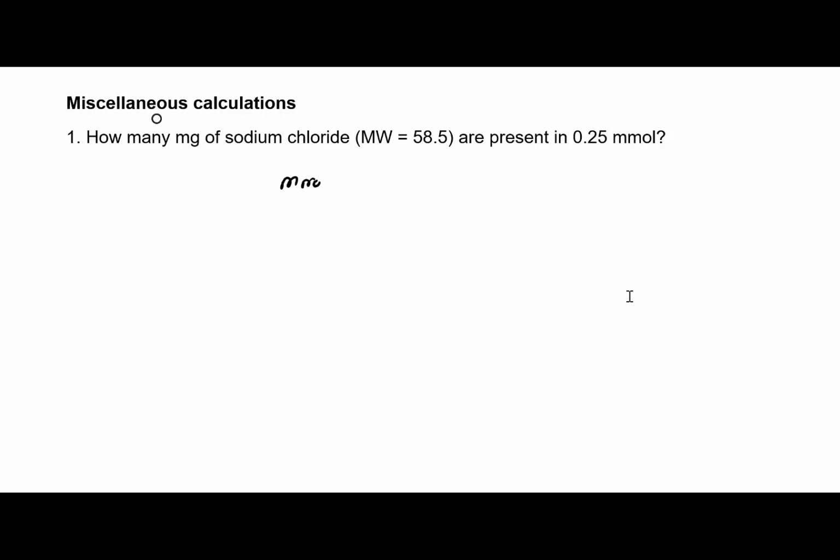Millimoles is weight in grams divided by molecular weight. So is weight in milligrams given here? No. That is what I have to find out. But I have been given molecular weight and millimoles. So it's 0.25 millimoles. I've just written the equation and I'm trying to plug everything into the equation.